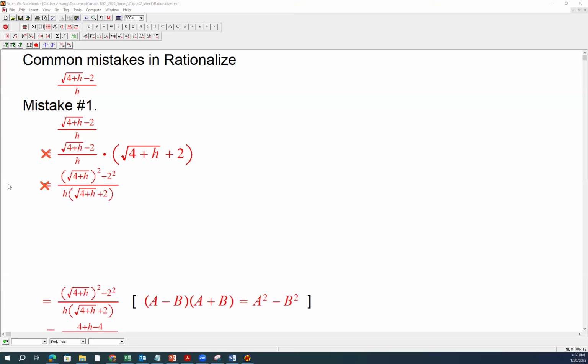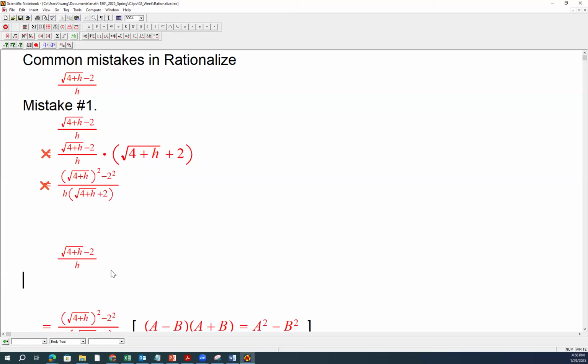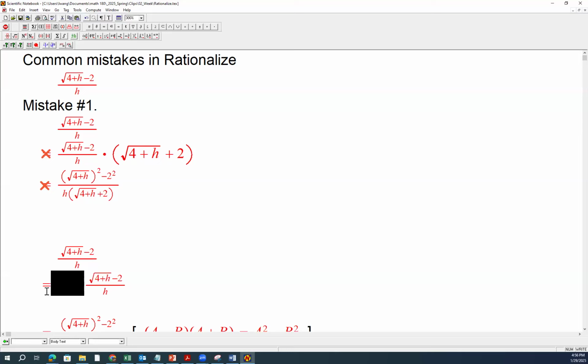As we said earlier, from this step to the next step, we multiply by 1. Anything times 1 stays the same.